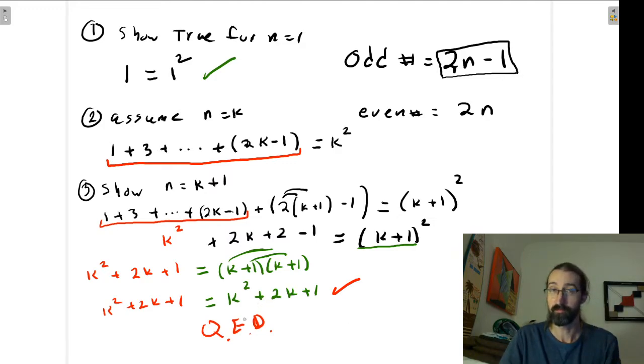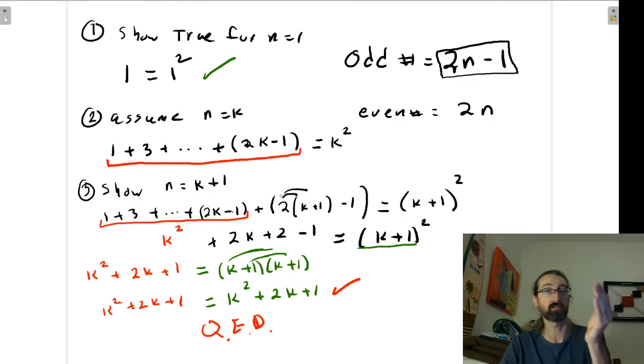So that's a proof by induction. You assume the first step. You say 1 equals 1 squared. You show it works for the very first step. You assume it works for all these up to this k number, 2k minus 1. Remember, we're doing odd numbers, so that was my 2k minus 1. And I assume that equals k squared. And then I show that it works for all those numbers plus this next number, 2k plus 1 minus 1, my next odd number.